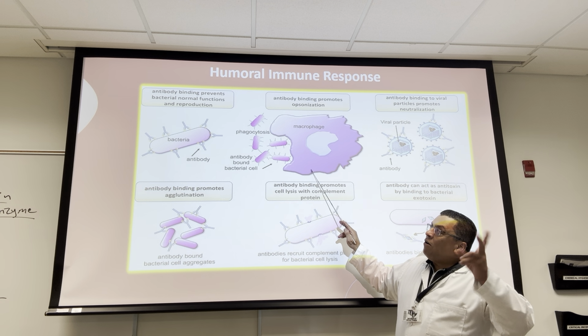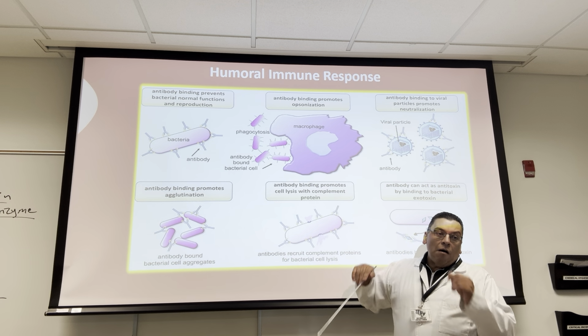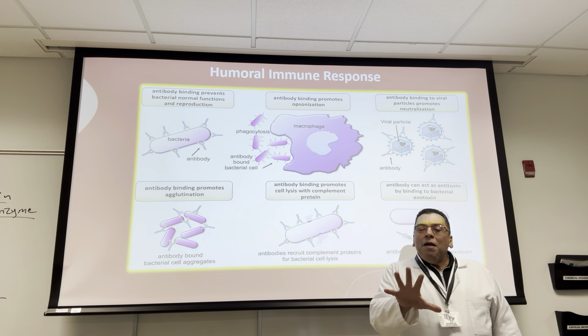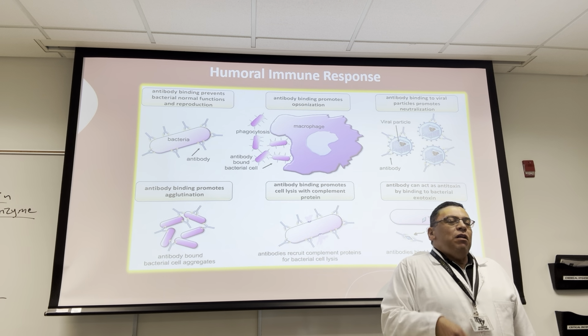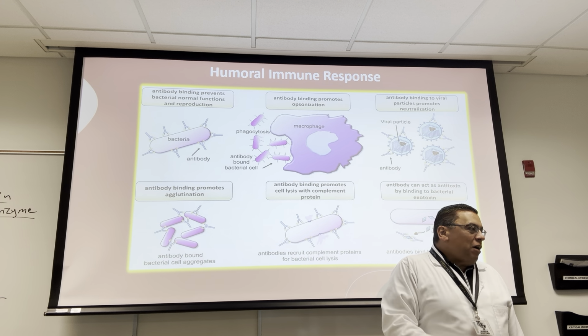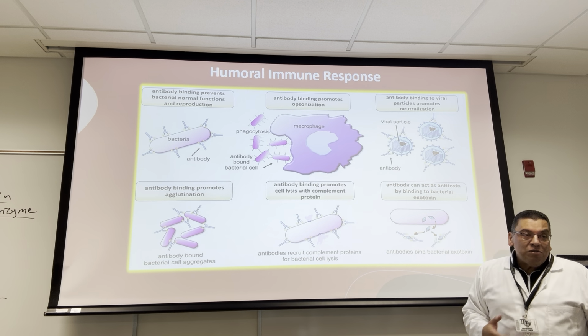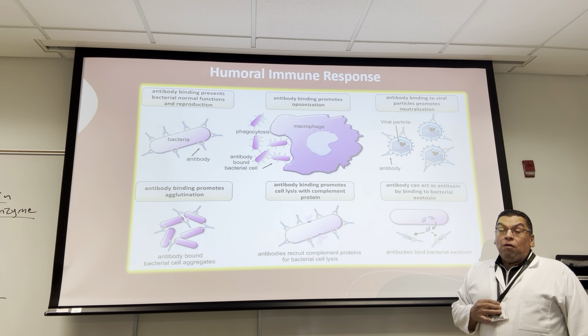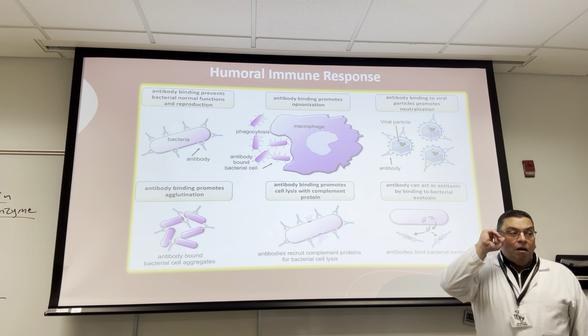Now look at the two scenarios. One scenario is the bacteria does not have an antibody on top of it. So it might be a little difficult to grab onto, you see? But eventually it will grab onto it and phagocytose it. So without the antibody, it can still phagocytose it. But with the antibody, it will phagocytose it much better.